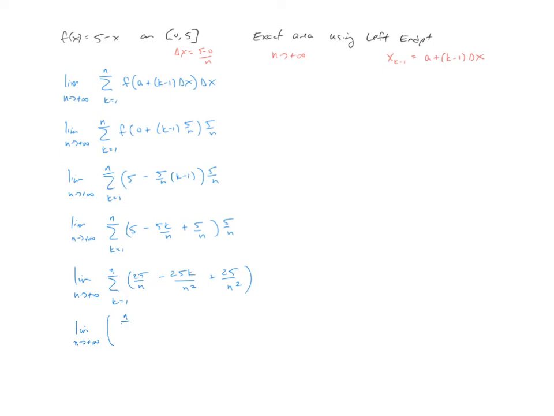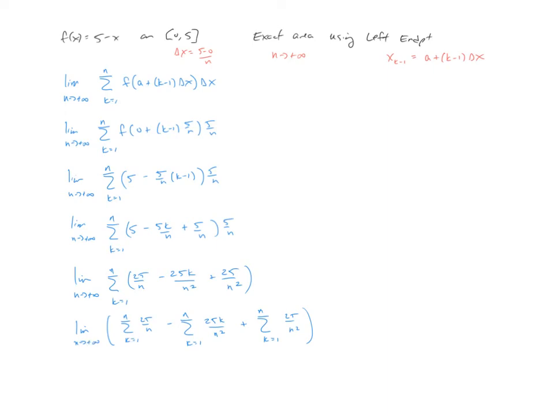So I'm going to have the series from k equals 1 to n, 25 over n, minus the series from k equals 1 to n, 25k over n squared, plus the series from k equals 1 to n of 25 over n squared.